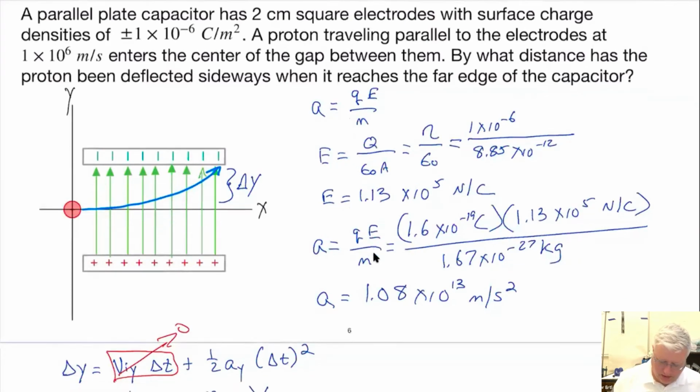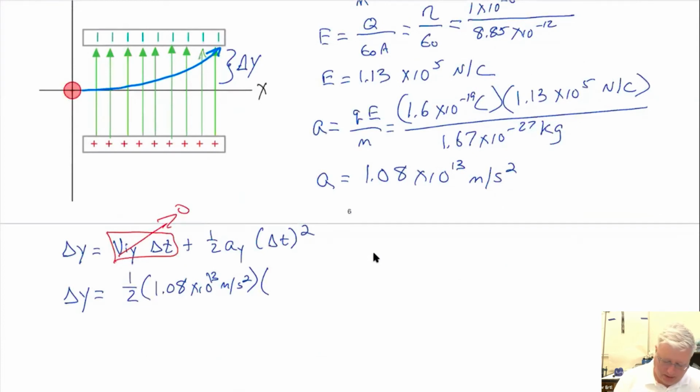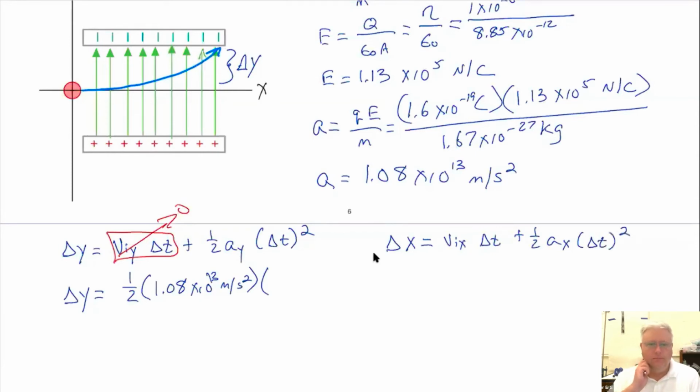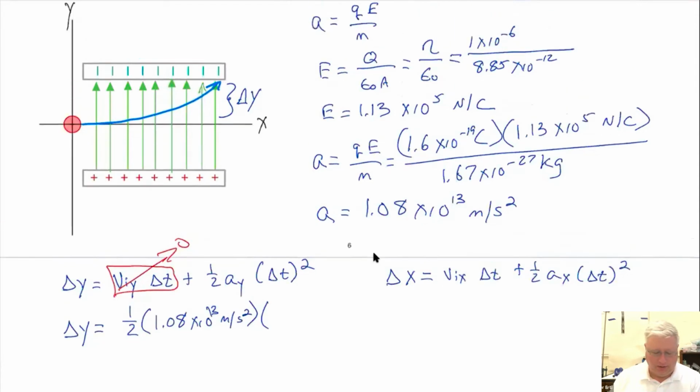Well, we can use the same constant acceleration equation, this time along the x-axis. Its displacement is its initial x velocity times the time interval plus 1/2 acceleration in the x direction times the time interval squared. Now that might look like we need the quadratic equation, but what do we know about the acceleration in the x direction?